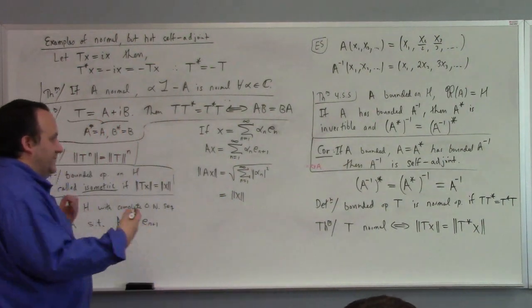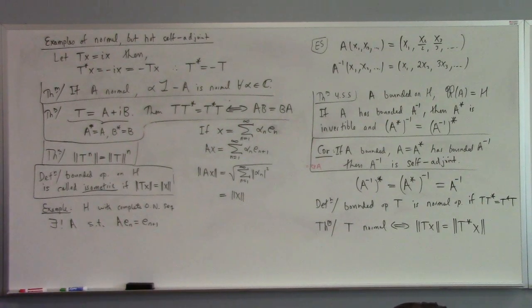So A is isometric. It's very sneaky. He said this is called a one-sided shift operator.